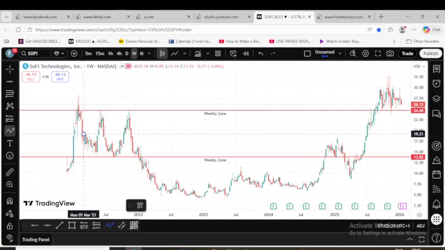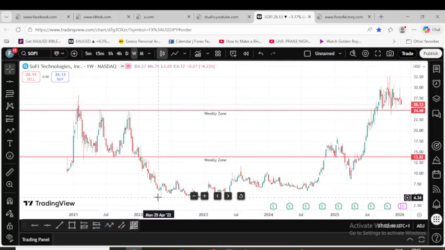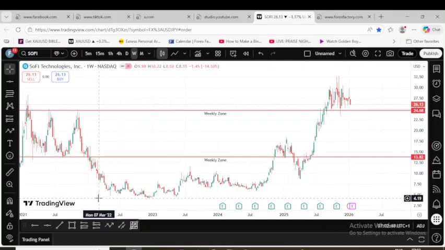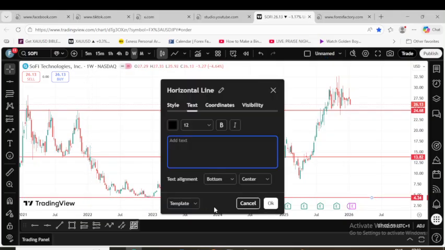Obviously, it's a weekly zone because price found support, and we also found support again after passing through. We have that weekly zone here. It's about the lowest point that price has gotten to.